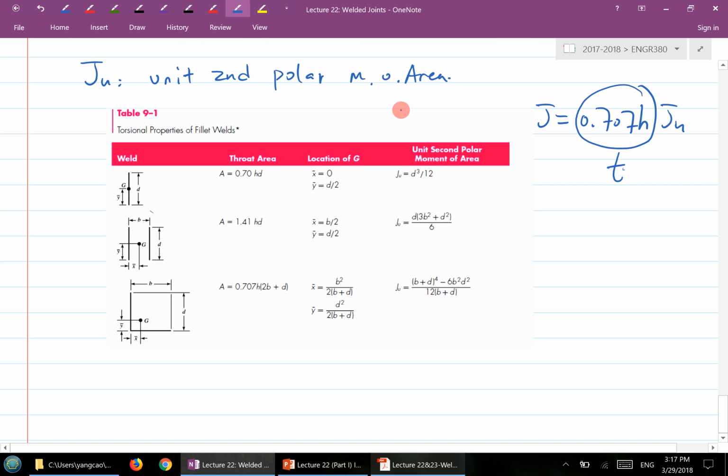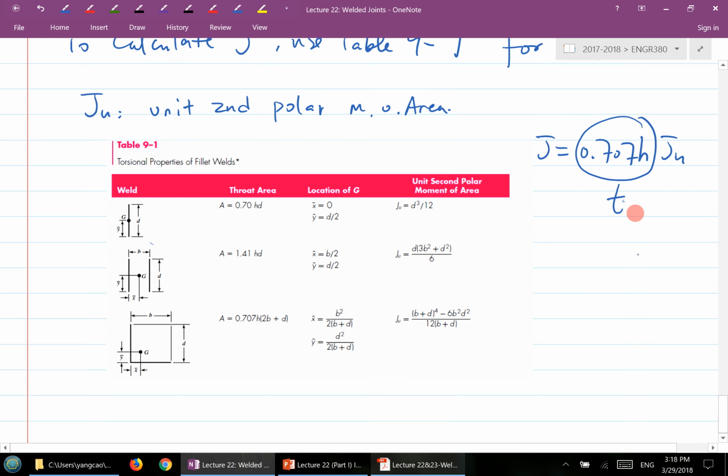When it's the polar moment of area, this one here is equivalent to this. Does that make sense? So if I relate to this one here, you can see I have a dimension, this is B, this is D. Make sure B is the width between the two welds, and D is the length of the welds here.